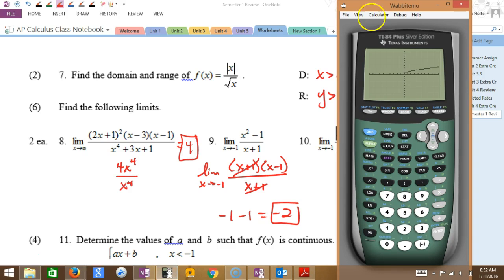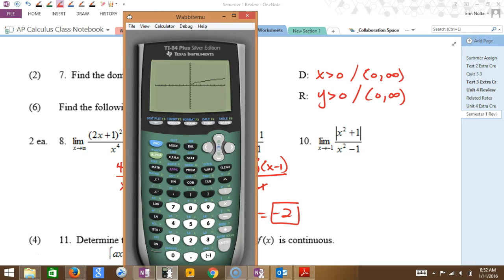Okay, so if I type this in... oh, I see what you're saying. Yeah, but it's a step function. Because see how it's, well, wait a second. Over 0 though, right?